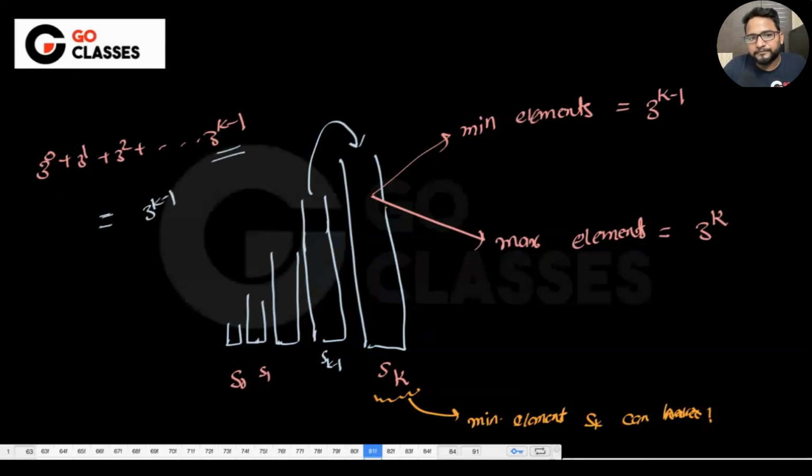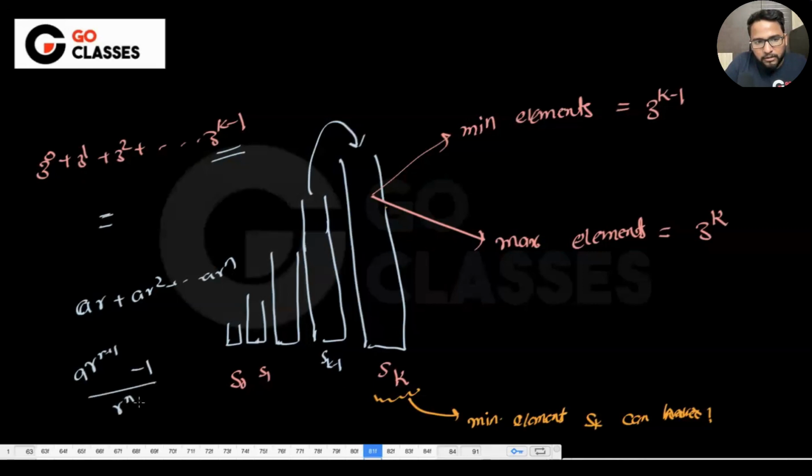So basically, even if you sum this up, what will the answer be? What is the summation series formula? a r plus a r square, what is this? a r power n, a r power n plus 1. I don't remember exactly, r power n something like that, right? Sorry, I don't remember it exactly.